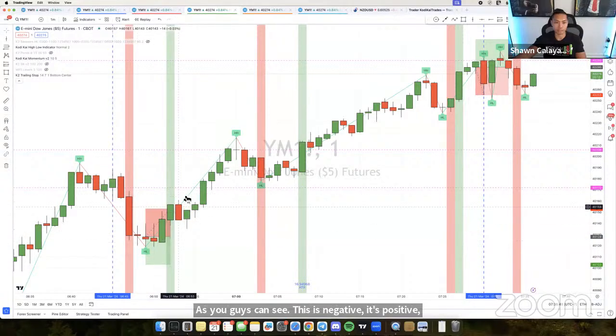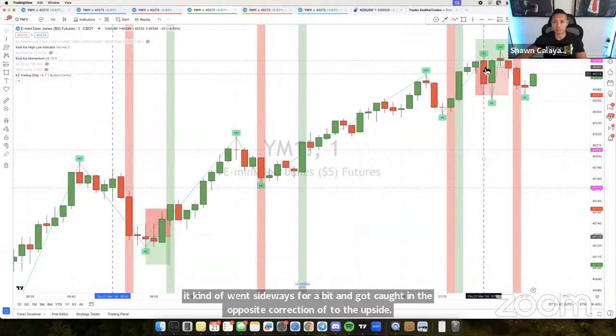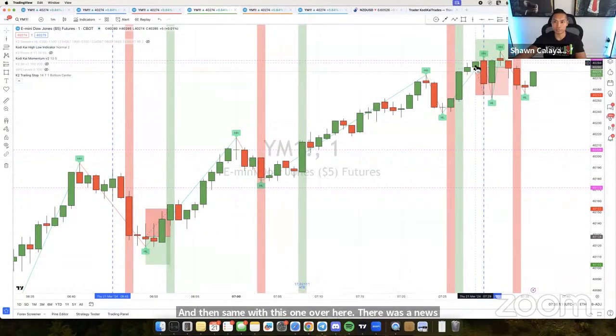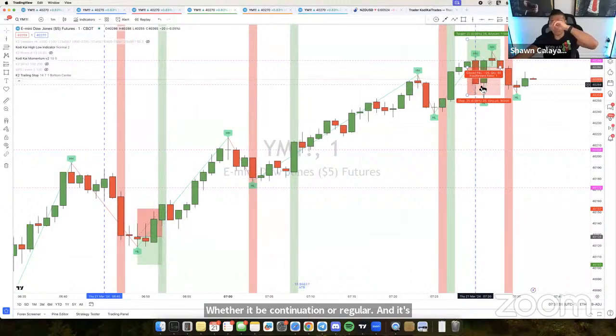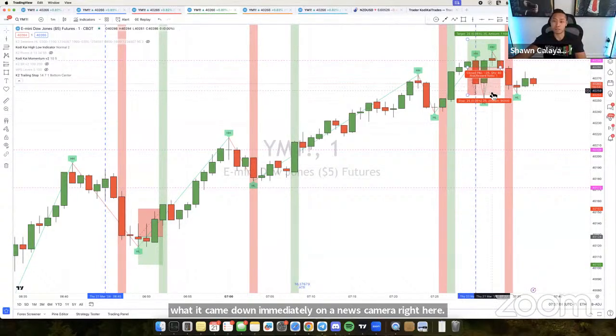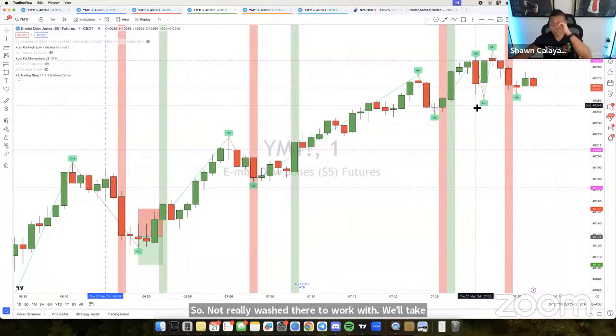We got caught in the opposite correction up to the upside. And then same with this one over here. There was news at 7:30. So this would have been the breakout V3, whether it be continuation or regular. And it still would have came down immediately on the news candle right here. Not really much there to work with. I'll take that off because there's no entry there.